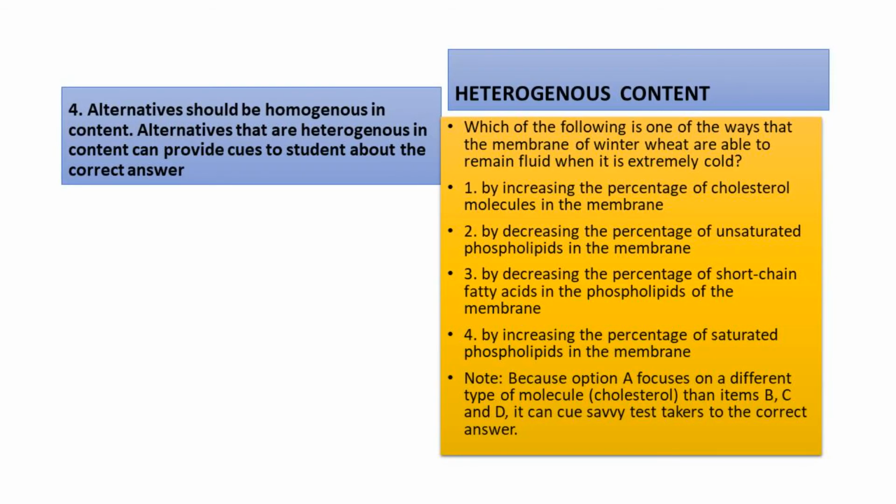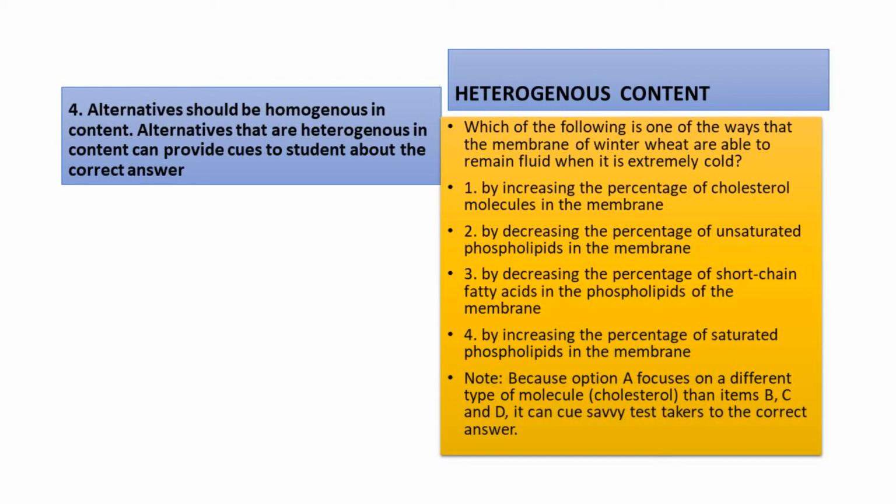The next thing you have to remember about the alternatives is that they should be homogeneous in content. Alternatives that are heterogeneous in content can provide cues to students about the correct answer. For example, which of the following is one of the ways that the membranes of winter wheat are able to remain fluid when it is extremely cold? By increasing the percentage of cholesterol, by decreasing the percentage of unsaturated phospholipids, by decreasing the percentage of short chain fatty acids, by increasing the percentage of saturated phospholipids in the membrane.